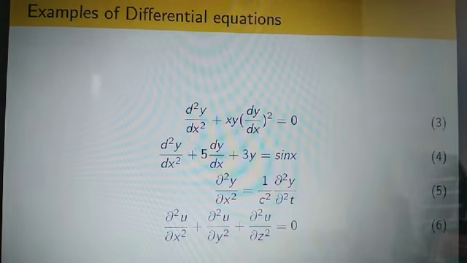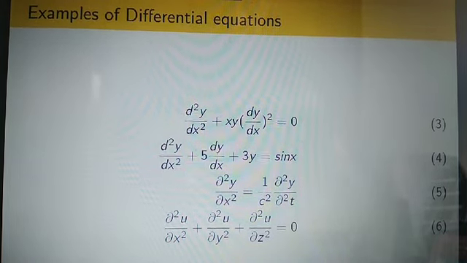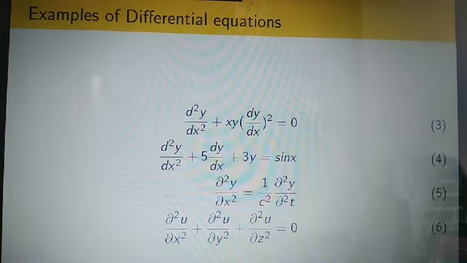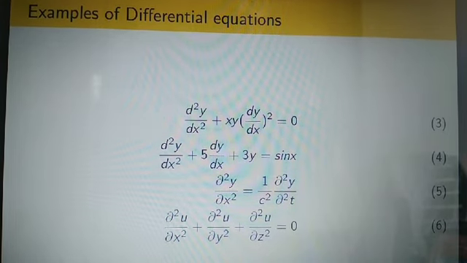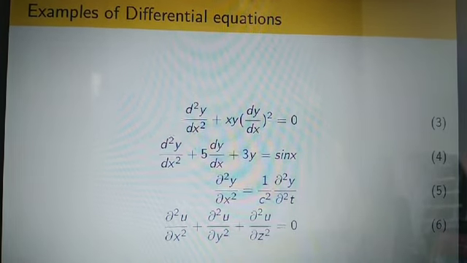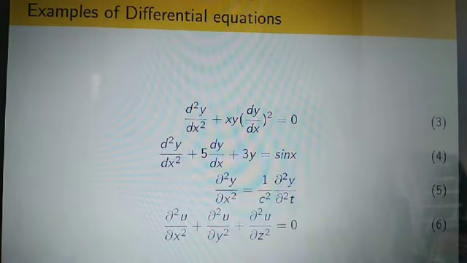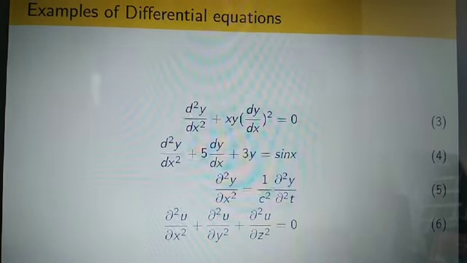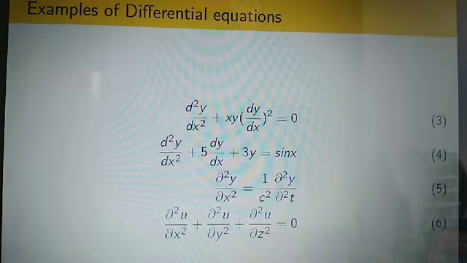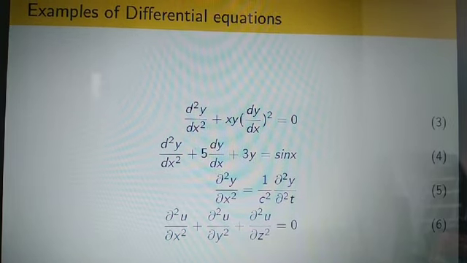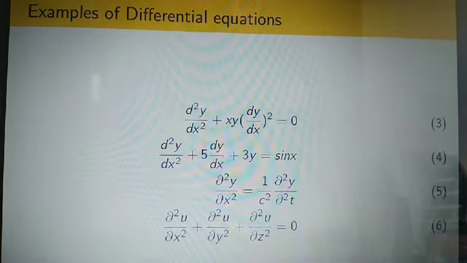And what about equation number 5? This equation is d2y dx square equals 1 by c square del 2y del t square. Sorry, there is a printing mistake. This should be del 2y del x square equals 1 by c square del 2y del t square.